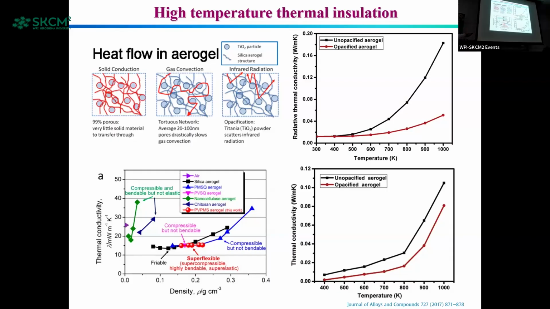We used yttrium oxide powder as an opacifier in silica aerogel. It was found that when we opacify it using powder, the radiative part decreases, and that can help decrease the thermal conductivity at high temperatures. So this small decrease in thermal conductivity is also helpful when we consider aerogel for high temperature applications.